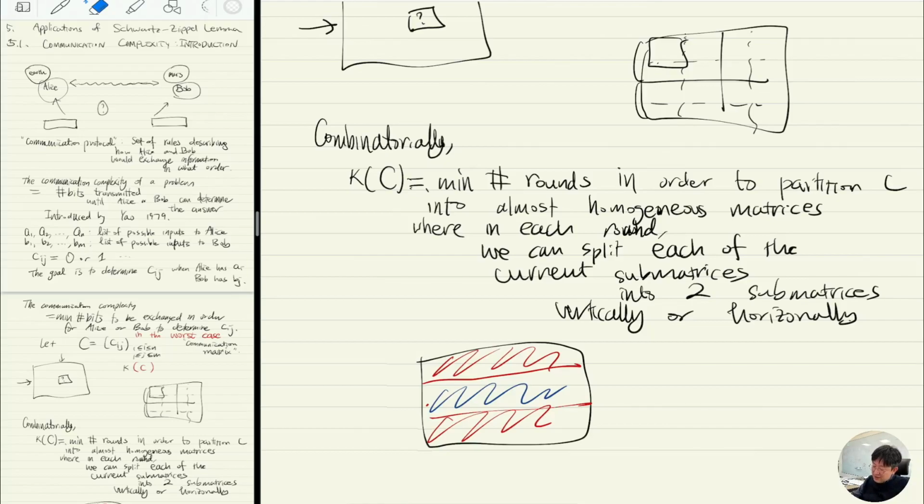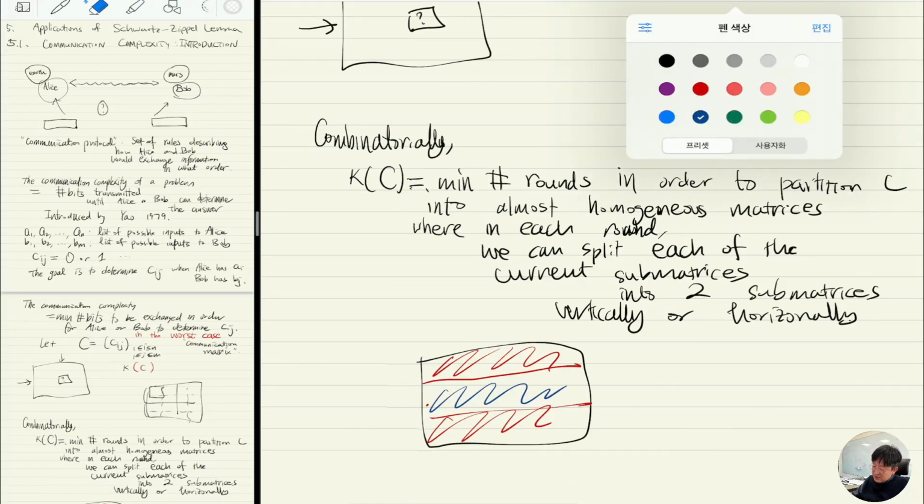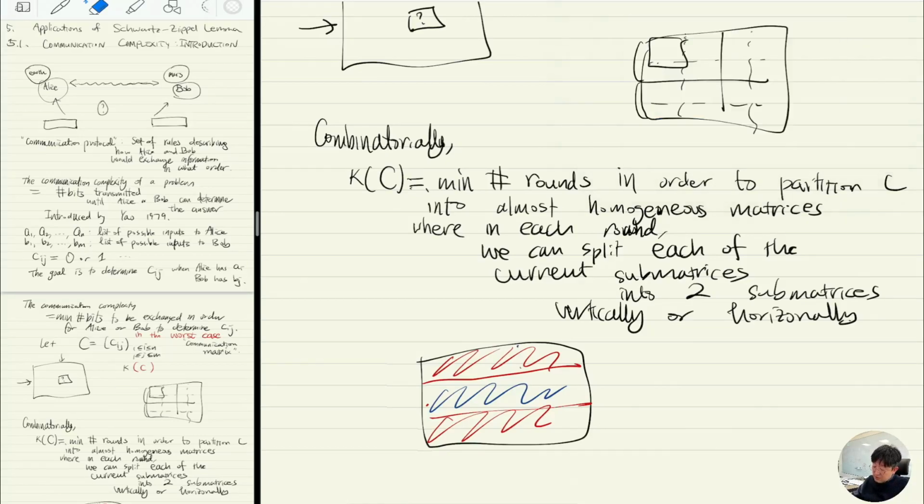And then if it's blue, Bob would partition this blue matrix vertically.